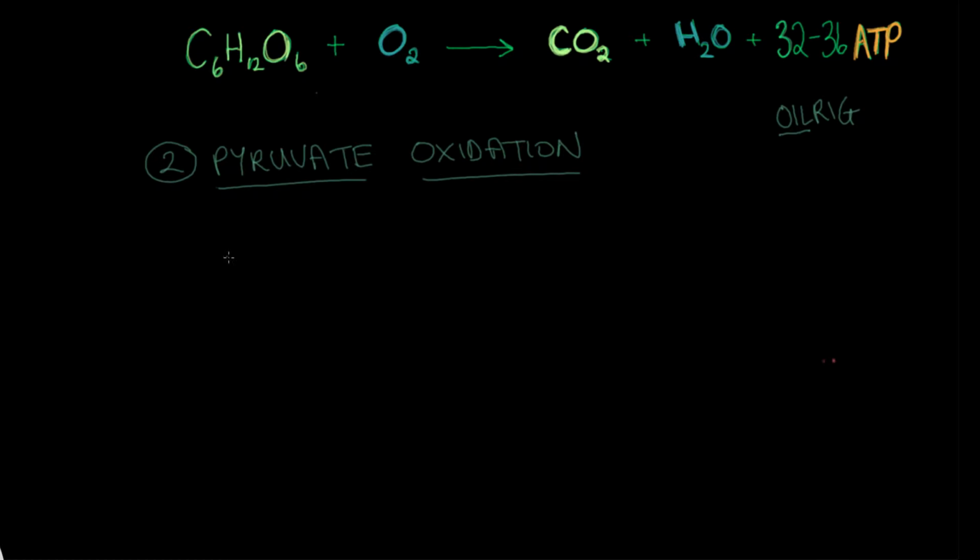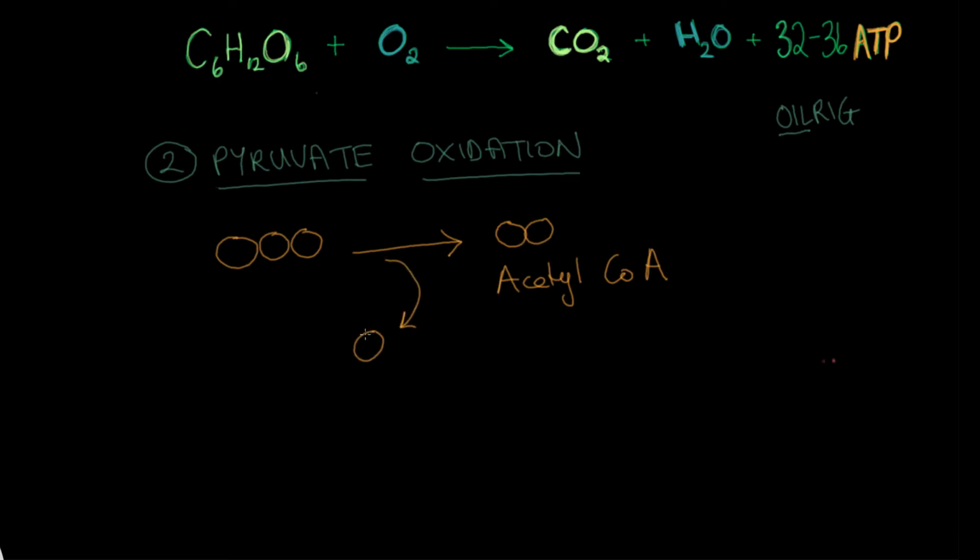So here's our pyruvate molecule, and we are going to oxidize that into a molecule with 2 carbons called acetyl CoA. Okay, and in that step, you see we've got 2 carbons here. We started off with 3. 1 carbon is going to be released as carbon dioxide.